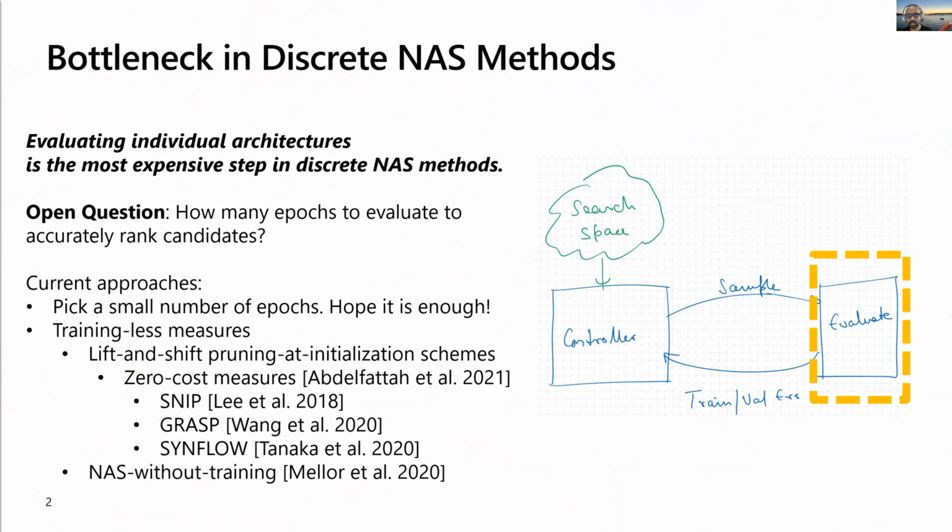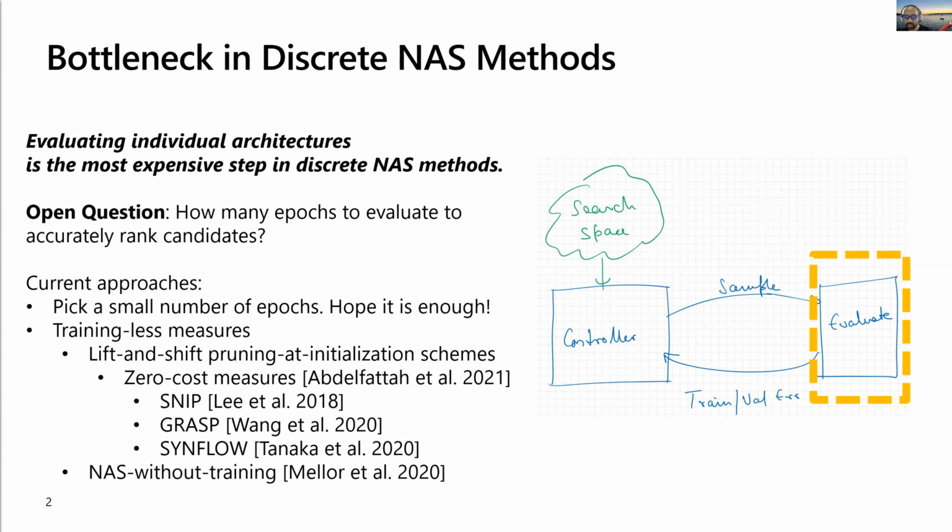Examples include local search, Bayesian optimization, model-free RL, which was one of the earlier papers in 2016, and contextual bandits. You can do all kinds of cool discrete search algorithms.